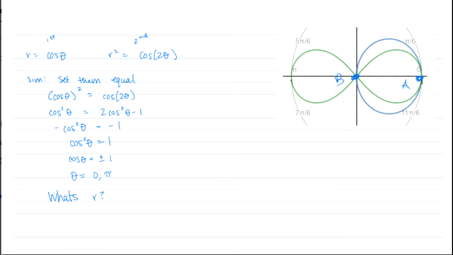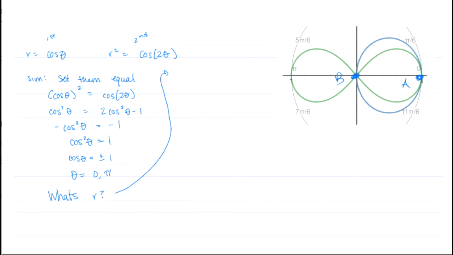To find r, you plug in those angles. So r equals cosine of 0 for when theta equals 0. Cosine 0 is 1. So your ordered pair would be (1, 0).